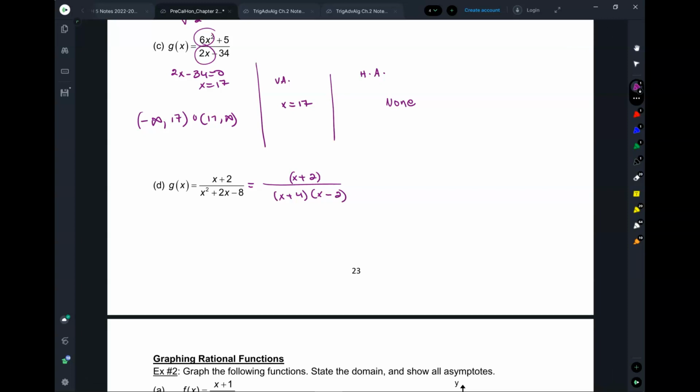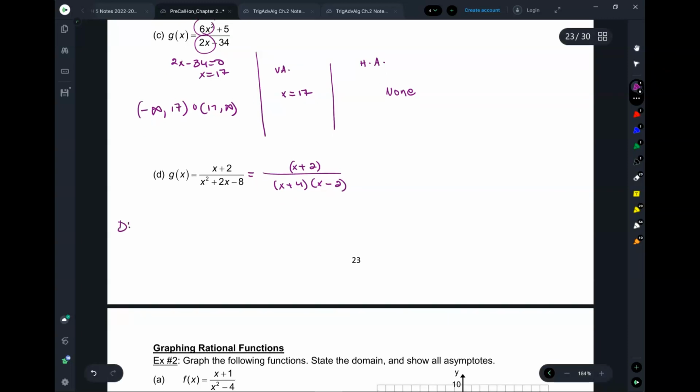So we can do the domain, right? Negative infinity to negative 4, negative 4 to 2, 2 to infinity. Now, do any of these terms cancel? No. So they're both going to give you a vertical asymptote, right? They're infinitely there. So that's an infinite discontinuity.